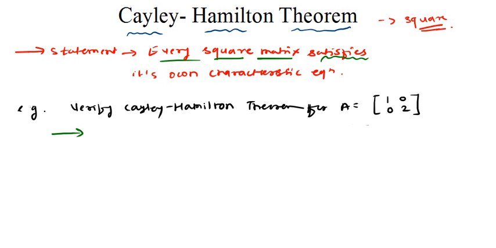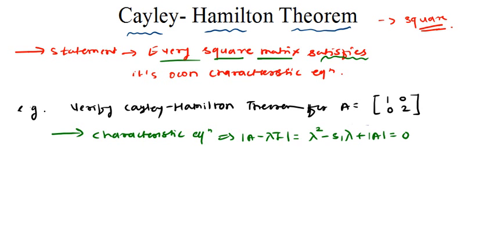So firstly, find the characteristic equation for the given square matrix, and that will be determinant of A minus lambda I equal to 0. For a 2 by 2 square matrix, it is lambda square minus S1 lambda plus determinant equal to 0. This is our characteristic equation, where S1 is the sum of the diagonal elements, that will be 3, and the determinant is 2 minus 0, which is equal to 2.